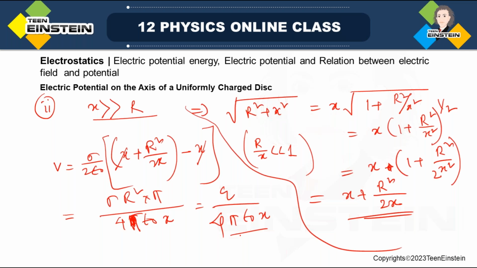It is difficult to calculate the potential at a point other than on the axis. It is not so easy to find the electric potential at any point of the disk other than a point on the axis.